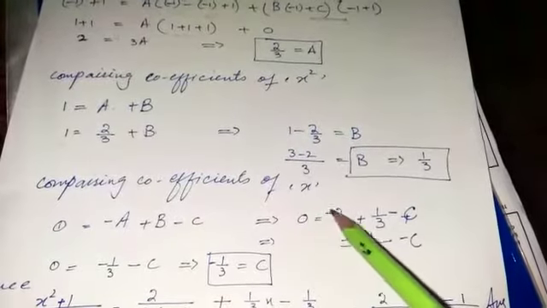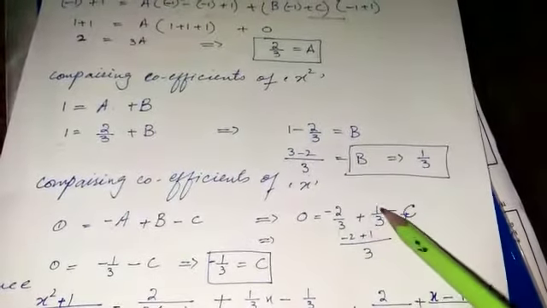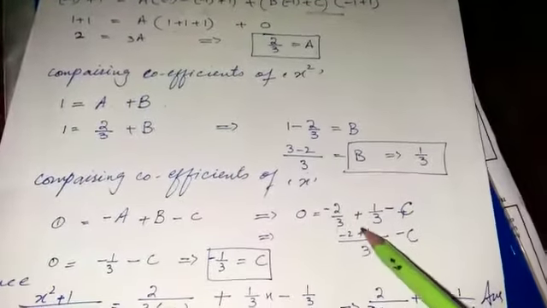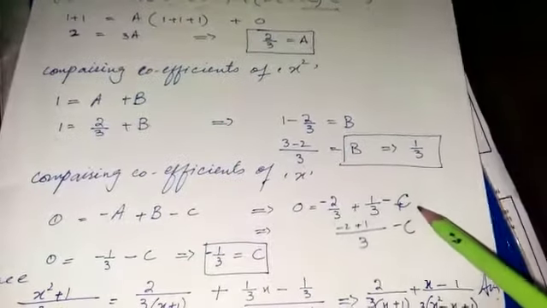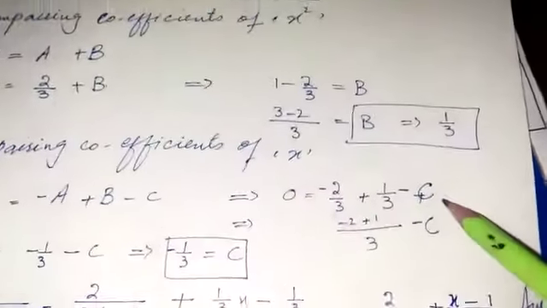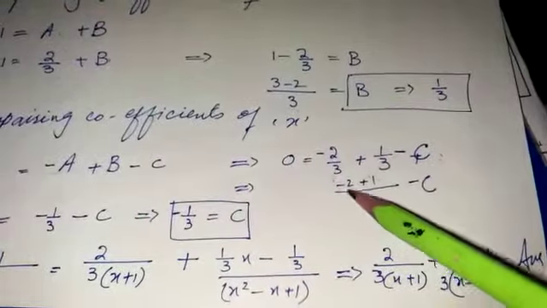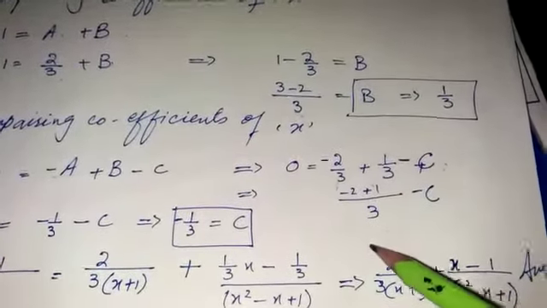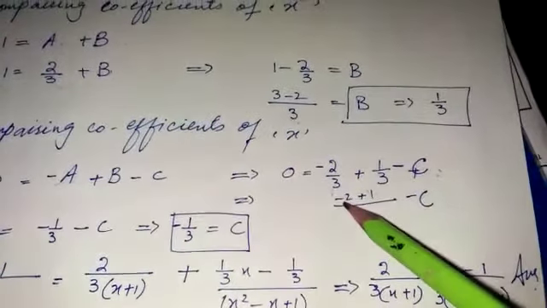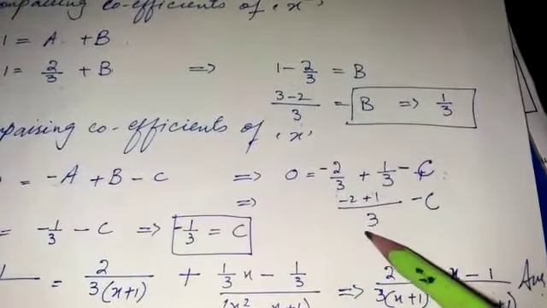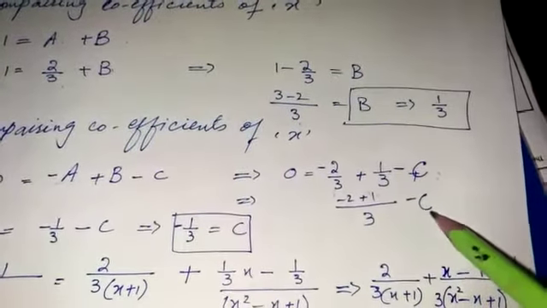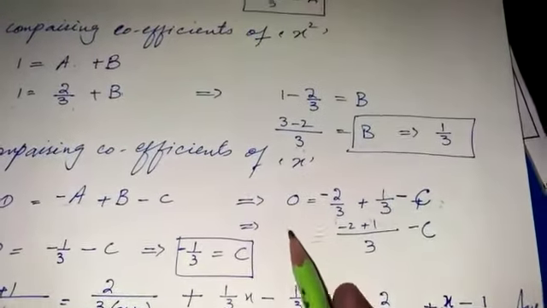So we get minus 2 by 3 plus 1 by 3, the value of b, plus c. Now, taking the LCM of these terms, we get minus 2 plus 1 in the numerator divided by 3, plus c, equals 0.